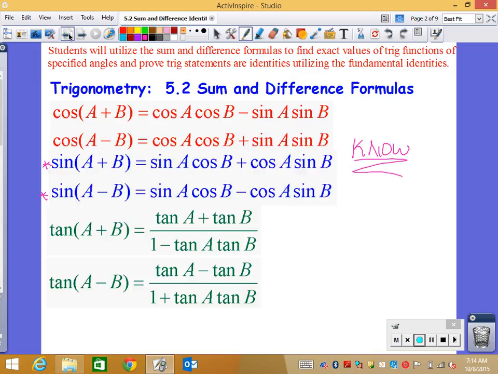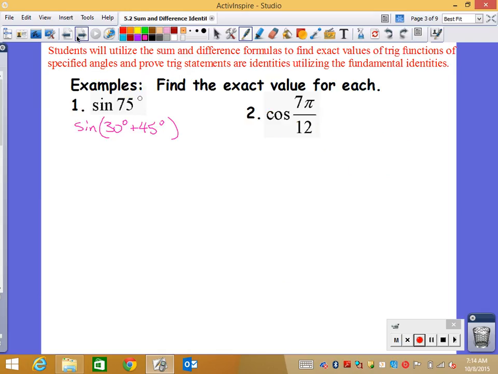My identity is the sum for sine, so it's sine A cosine B plus cosine A sine B, and I'll write that out. I'm going to let A be 30 degrees, my first angle, and B be 45, my second angle. So I can rewrite this as the sine of A, which is the sine of 30 degrees, times the cosine of B, cosine of 45 degrees, plus cosine of A, which is 30 degrees, times sine of B, or 45 degrees.